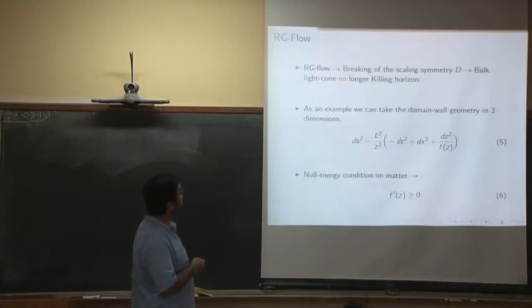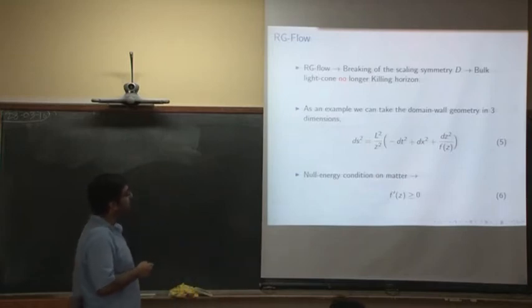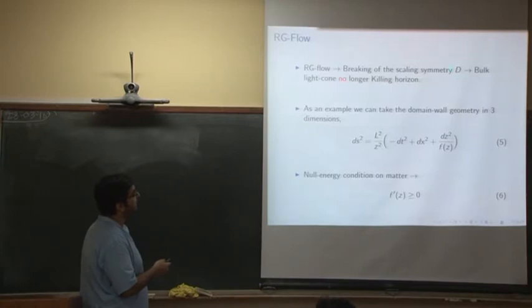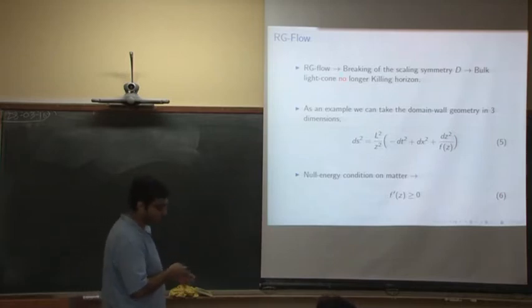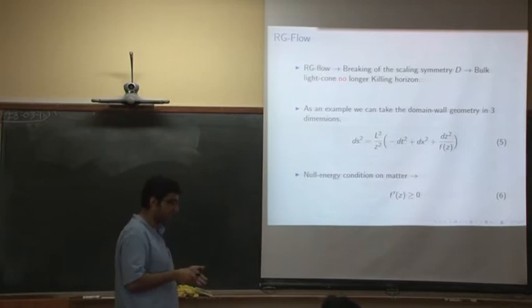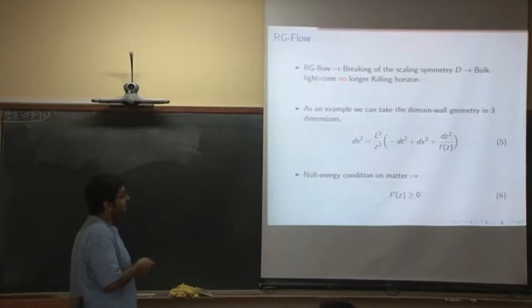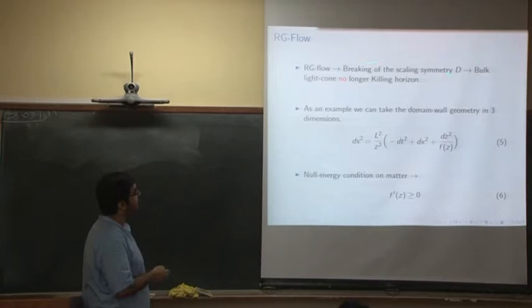And the thing is that, if we look at RG flow, RG flow can essentially be thought of as a breaking of this scaling symmetry D. So if I consider RG flow in the boundary field theory, that means I'm considering field theories which are not invariant under scale transformations, and that leads to a breaking of this scaling symmetry D.